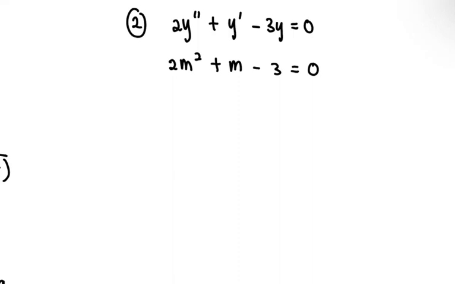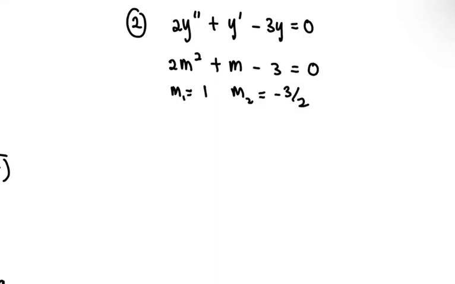So find the m. I want to use a calculator to solve this one. So I have m1 equal to 1 and m2 equal to minus 3 over 2.